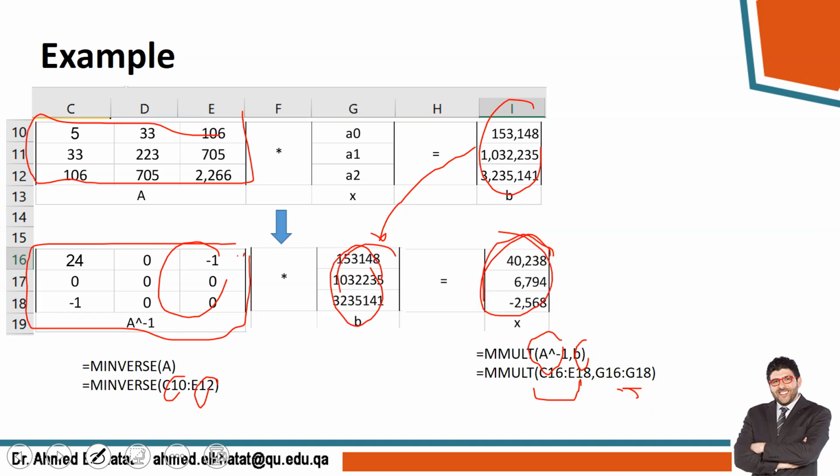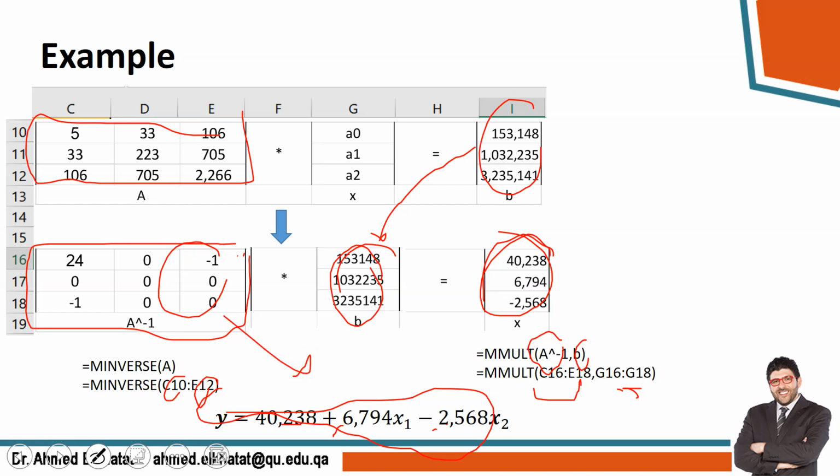So the equation will be 40,238 plus 6,794 times x1 minus 2,568 x2. So this is my regression equation. By this we see how to use Excel to find the regression.